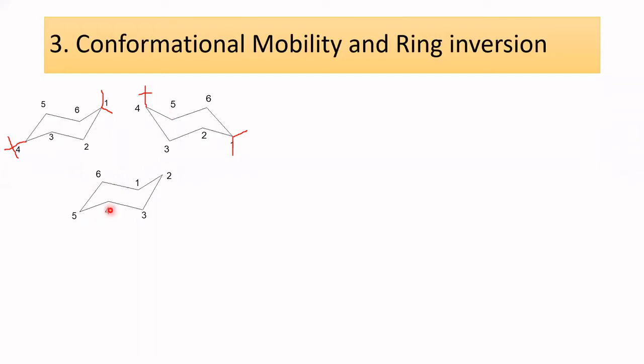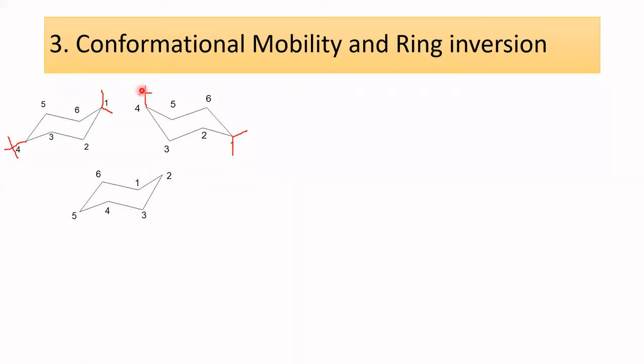This kind of conformational mobility can be avoided if we attach bulkier groups like tertiary butyl group. This tertiary butyl group will prefer to have the equatorial conformation. Now, if you have this kind of structure, it will remain rigid. It will not change its conformation, because as it undergoes any change in conformation, this tertiary butyl group will change from equatorial to axial.